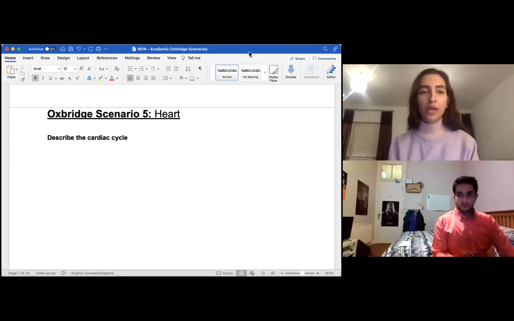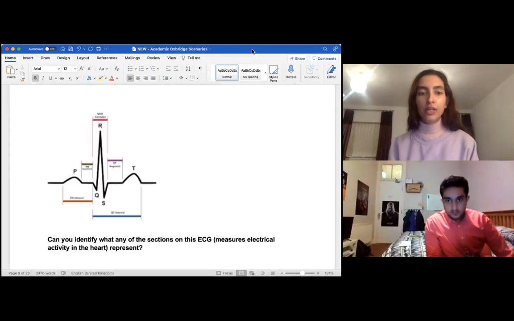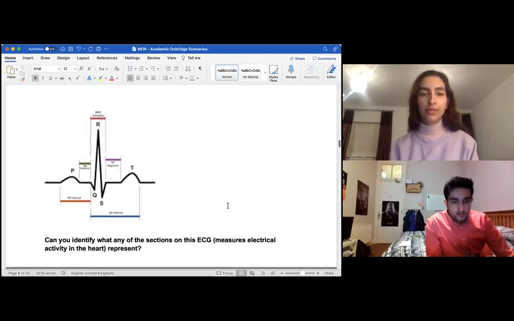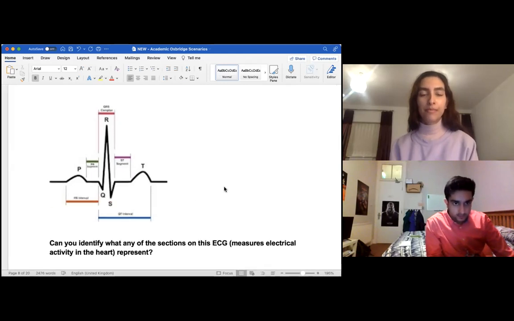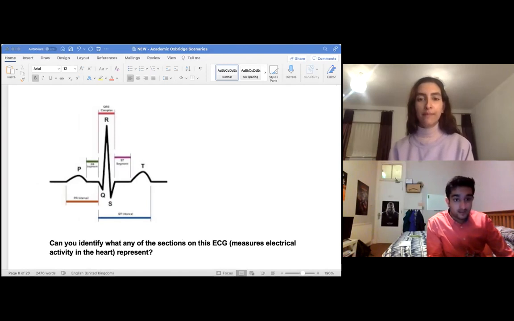Okay, thank you. On to the next question. Can you identify what any of the sections on this ECG represent? So the first section, the P wave, is the atrial depolarization, or atrial systole. Then the PQ represents the delay through the AV node.